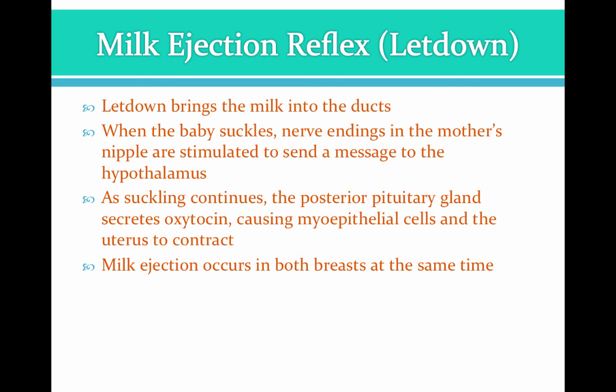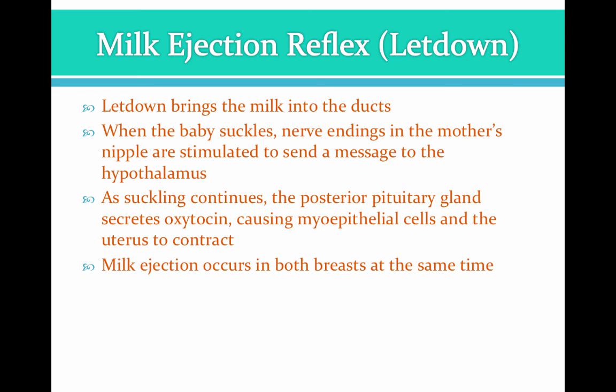And this contraction forces milk through the duct system and into the duct openings. Milk ejection occurs in both breasts at the same time, and sphincters at the end of the ducts prevent milk from flowing freely from the non-suckled breast.